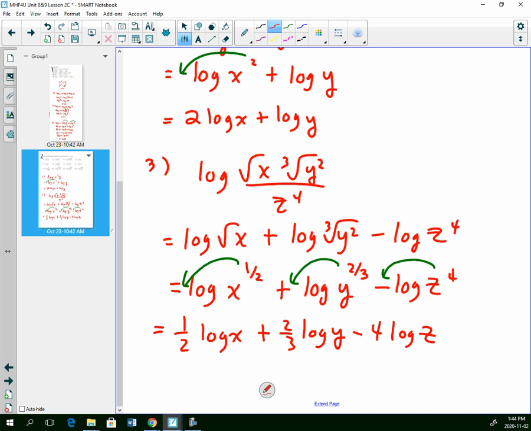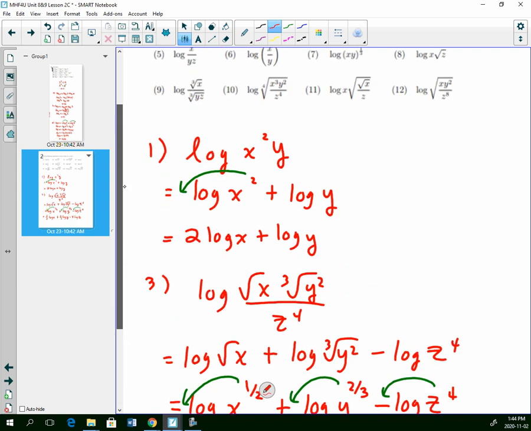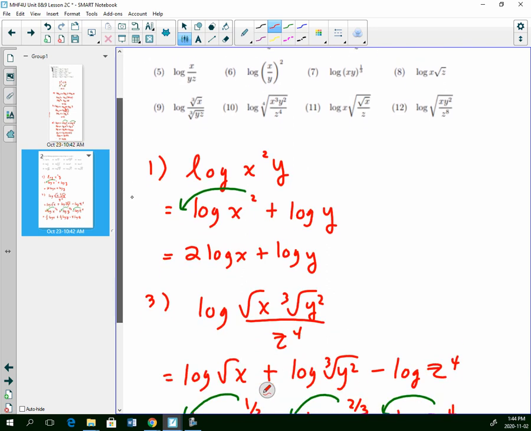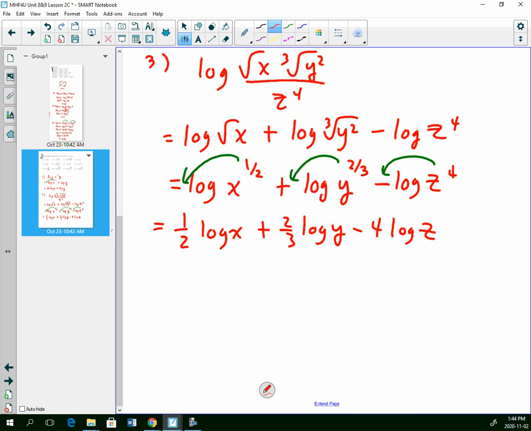All right, let's try another one. So I'll give you one to try. Actually, let's do number 6, because it's brackets. Then I'll get you to try one.